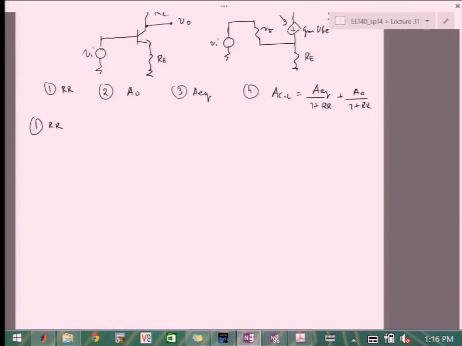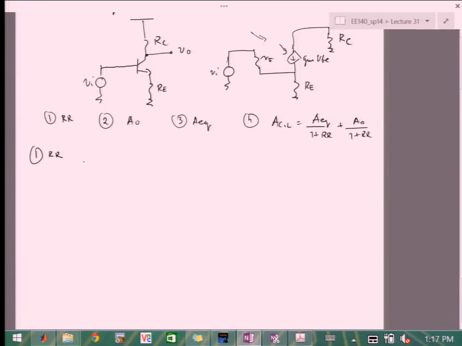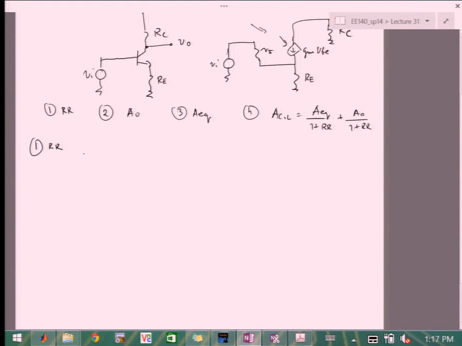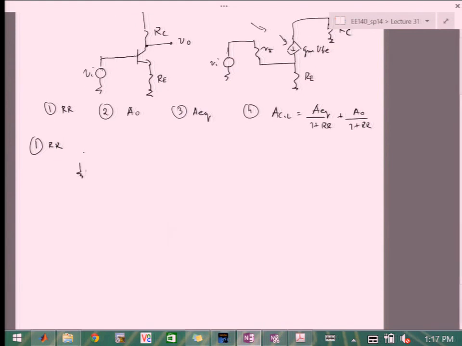OK. So if we go and draw how this circuit is going to look when we calculate the return ratio, we're going to ground the input. So we have R pi.